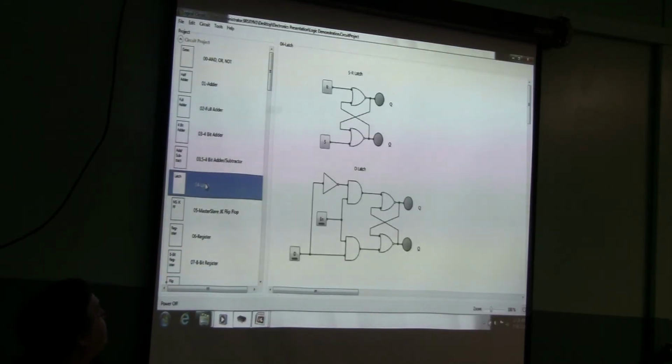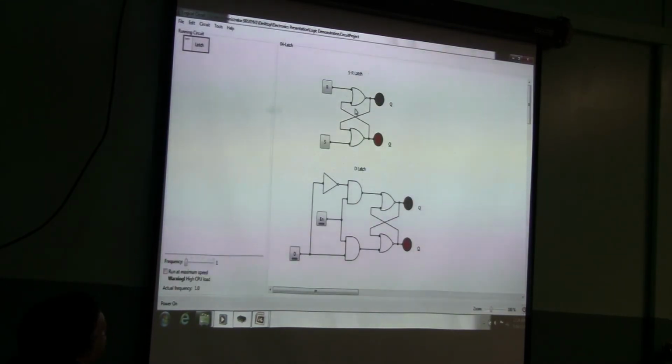Let's say we want to store some information. We can hook up some gates in a crisscross pattern like this, so the output's going back to the input. The output is Q, and this is the inverse of the output. It has a line over it, but I didn't have a way to draw that.